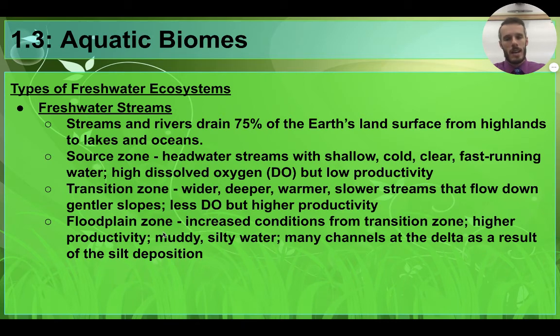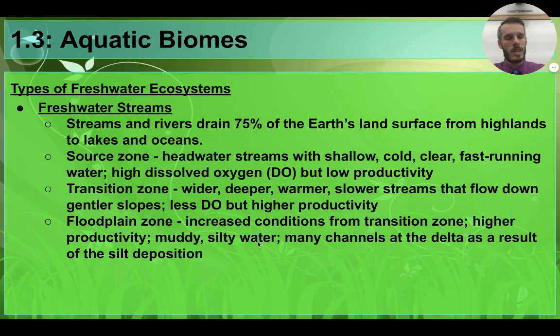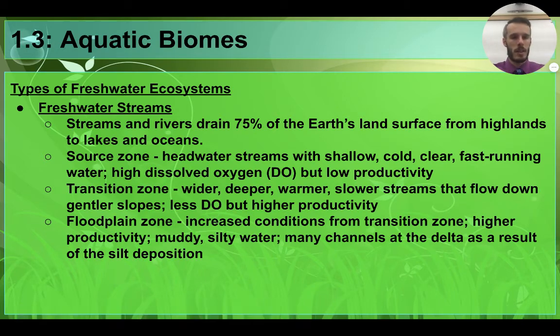And then eventually you get down to the floodplain zone, which is where the water is really flowing pretty slowly. And again, more productivity. The water is more silty because of all of the sediment that's being picked up here. So that silt will get deposited down near the delta.